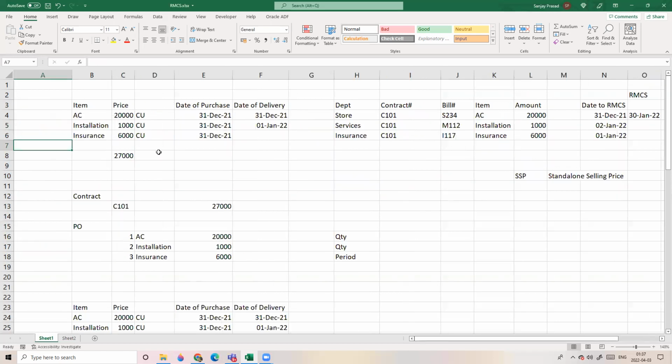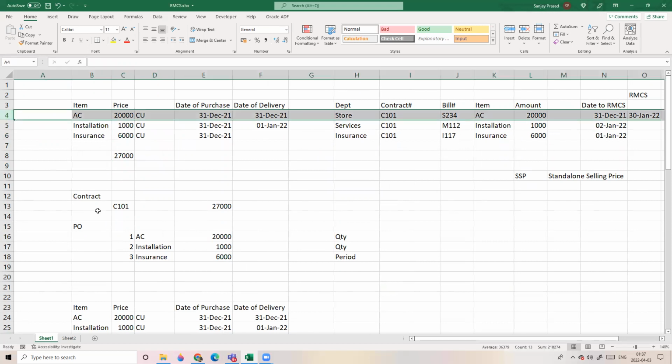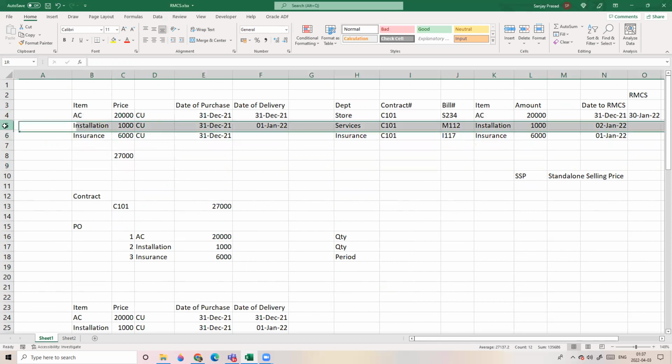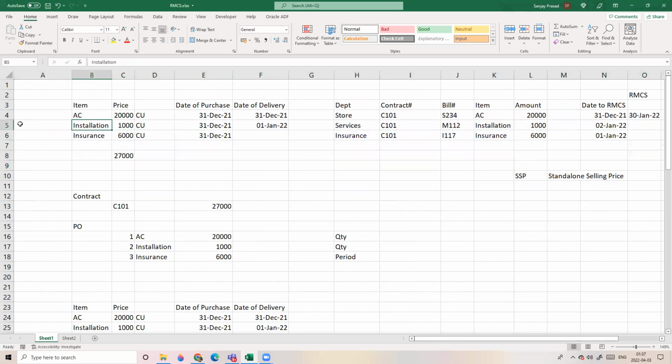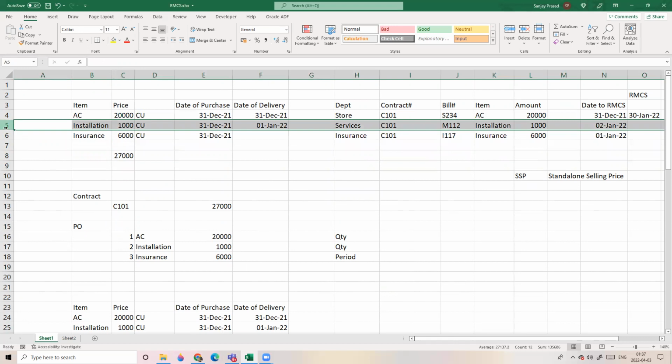Because satisfaction for AC may be different from satisfaction for installation and satisfaction for insurance. The PO satisfaction for AC gets completed the moment AC is delivered. PO satisfaction of installation gets completed the moment installation is complete.